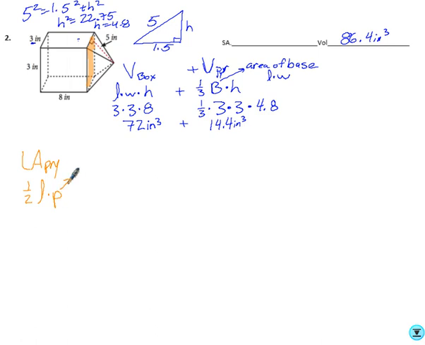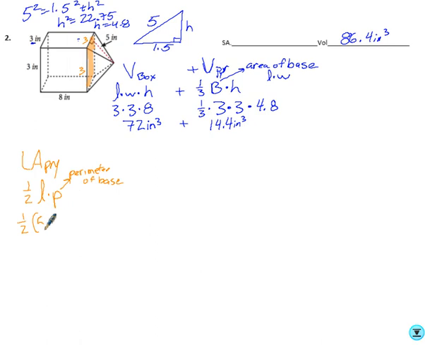If you look at your formula sheet, the lateral area of the pyramid formula is 1/2 slant height times P. P here stands for perimeter of base. So we knew earlier that that base was a 3 by 3. Perimeter again just means add up all the sides of the base. So I'll say 1/2, the slant height was given to us actually, which was 5.